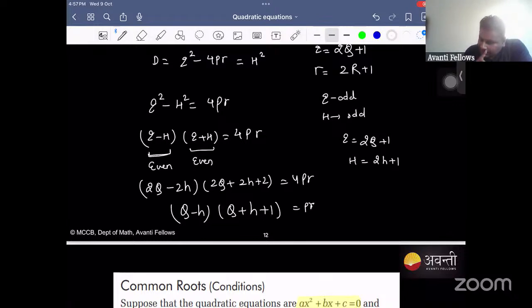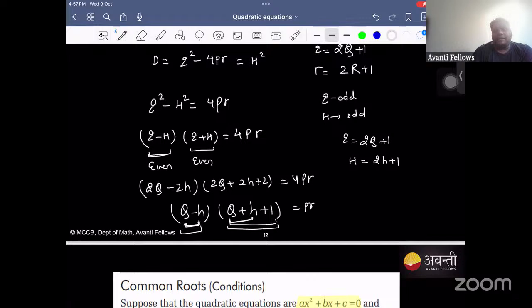Yes, so now see, if this q minus h is odd, this q plus h will also be odd. If q minus h is even, this q plus h will also be even. So in any case, if q minus h is odd, then q plus h plus 1 will be even. If this q minus h is even, this q plus h plus 1 will be odd.